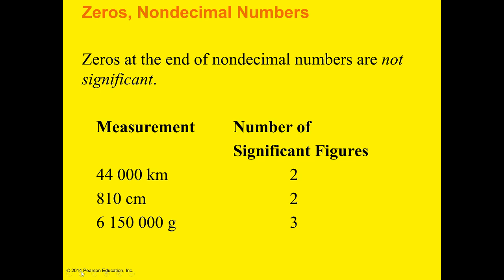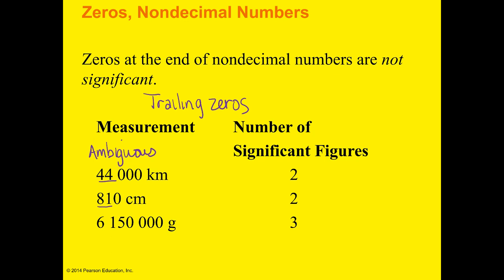These here are what I would call ambiguous. They are what are called trailing zeros. They don't have any decimal places involved here, correct? So if I look at 44,000, the best that's going to give me is 2 sig figs. If I look at 810, the best that is going to be is 2.